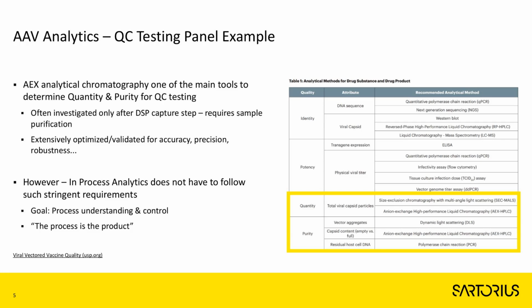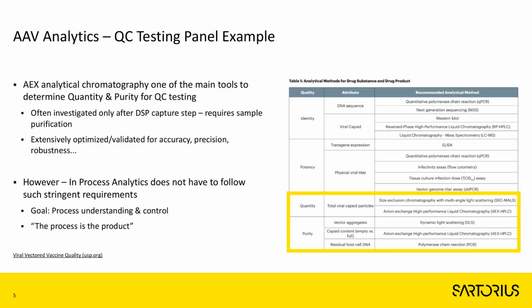And when it comes to the challenges that I've shown on the previous slide, focusing on quantity and purity helps resolve most of the challenges in the capsid production in the upstream.